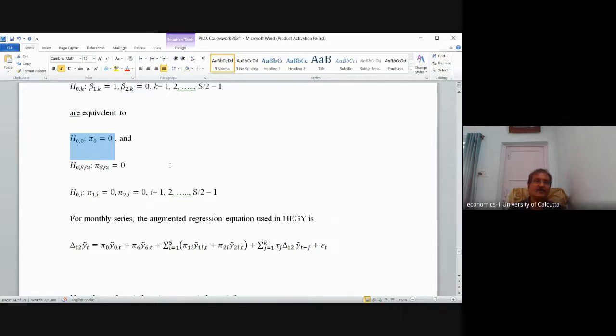Pi naught equal to 0, capturing non-seasonal unit root. Pi s by 2 equal to 0. This is biannual unit root.